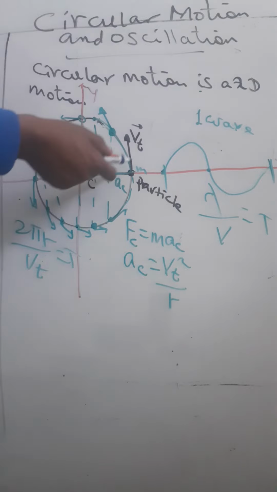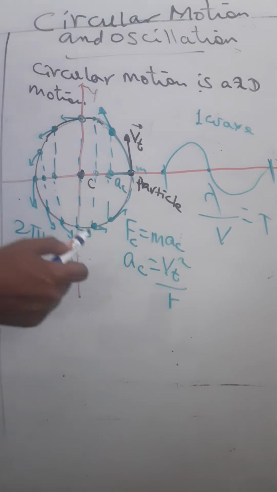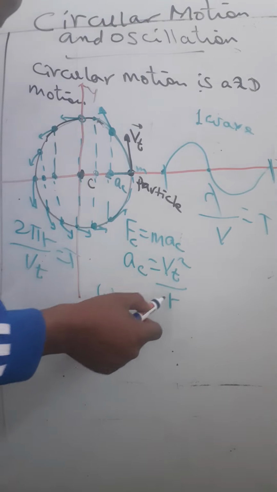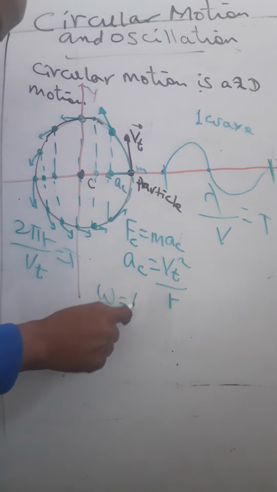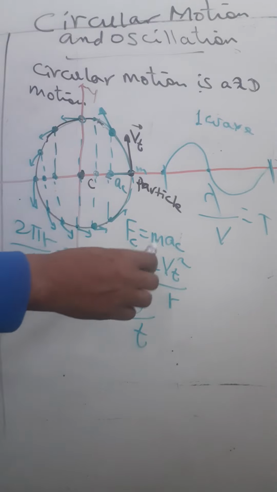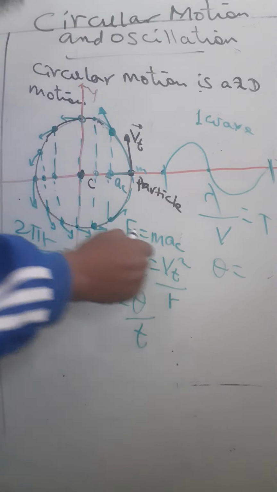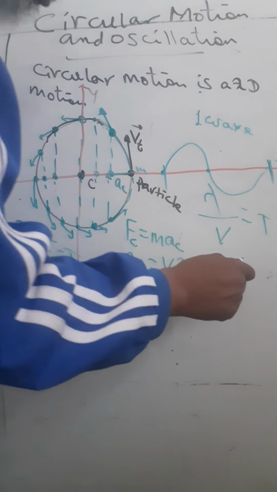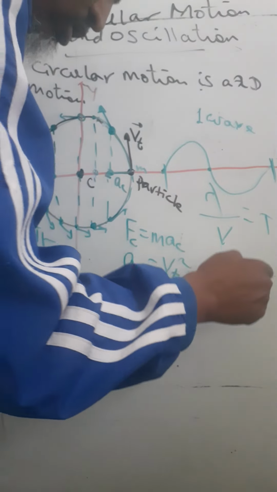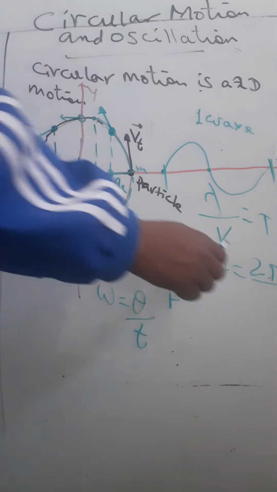And we know that when the particle performs circular motion, it is going to have angular velocity omega. Omega basically is going to be angular distance theta over time. Theta is basically going to be the arc length for one complete circulation, 2 pi r over r.